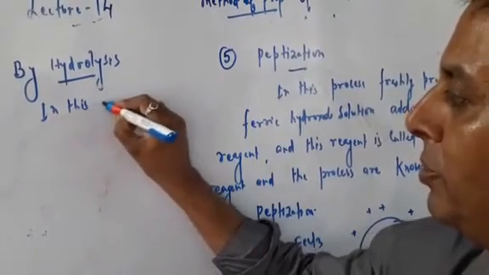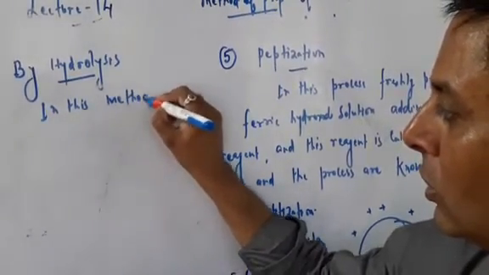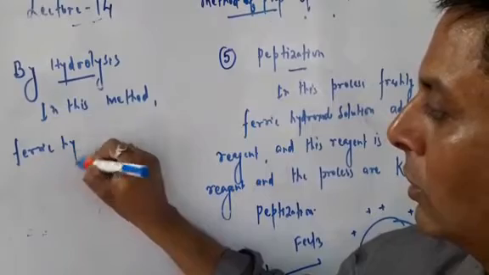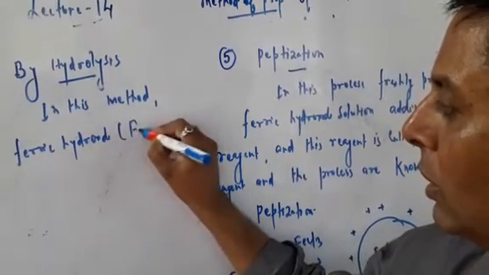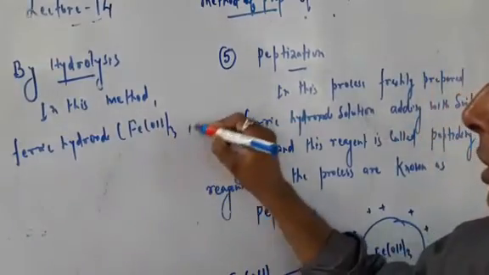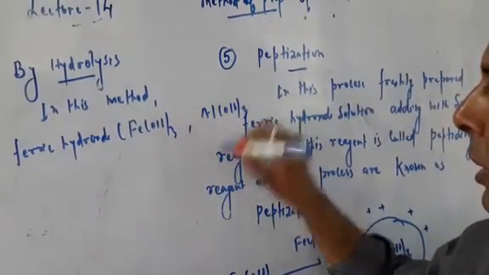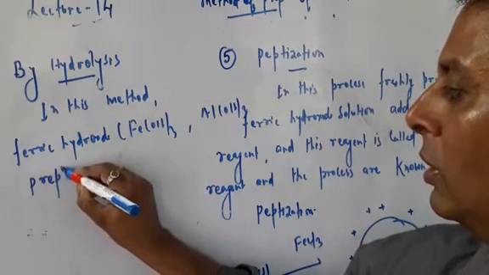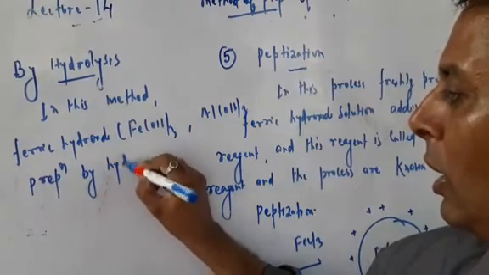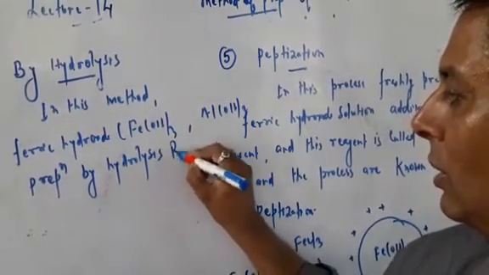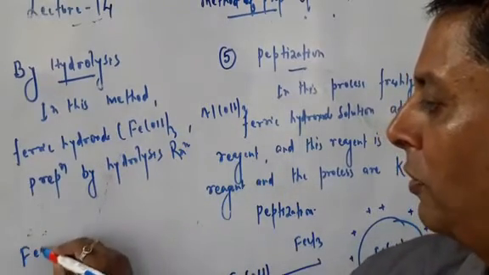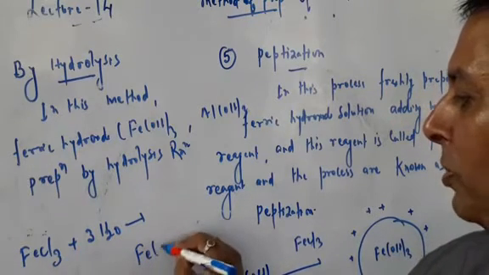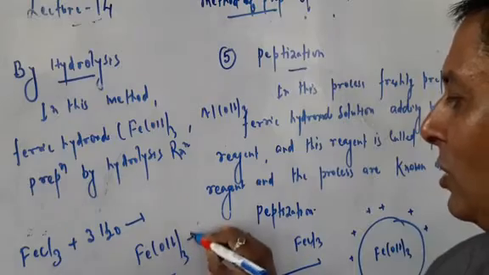In this method, ferric hydroxide and aluminium hydroxide sols are prepared by hydrolysis reactions. For example, FeCl3 undergoes hydrolysis to form ferric hydroxide sol.